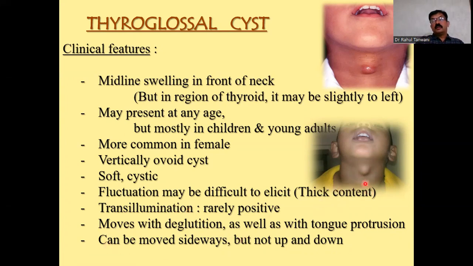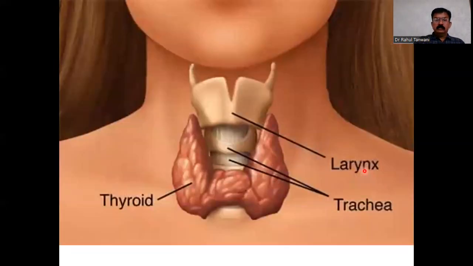It can be moved sideways, but not up and down. So here you can see all the swellings which arise from the larynx or trachea, or if they are attached to it, then they will move upward with deglutition. So in thyroglossal cyst, if you ask the patient to swallow the saliva or take a sip of water, it will move up and down.